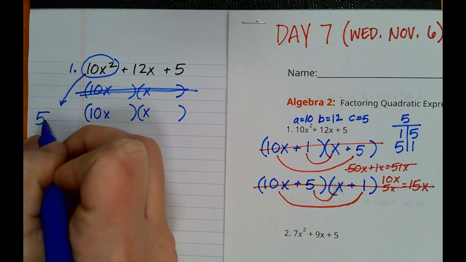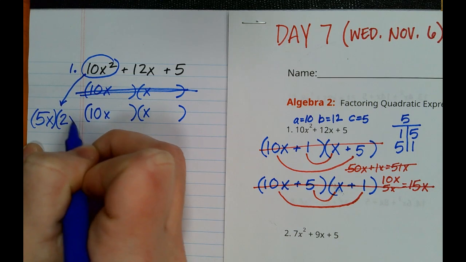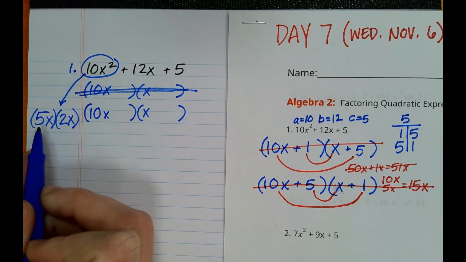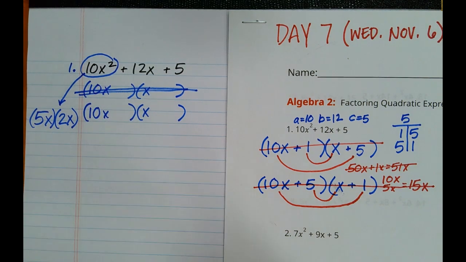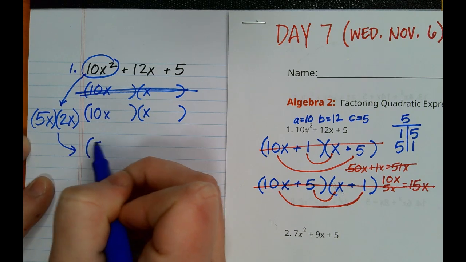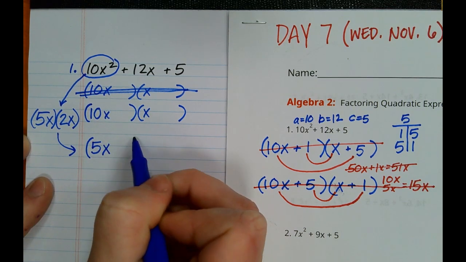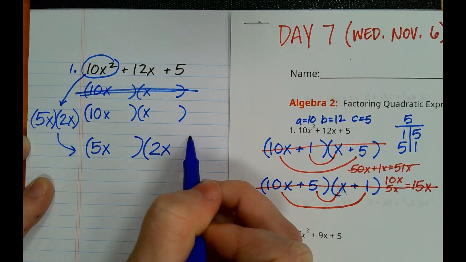Yeah. So I could do 5x times 2x. 5x times 2x gives me 10x squared. So why don't we try making those the first terms in our answer? We'll do 5x and 2x.